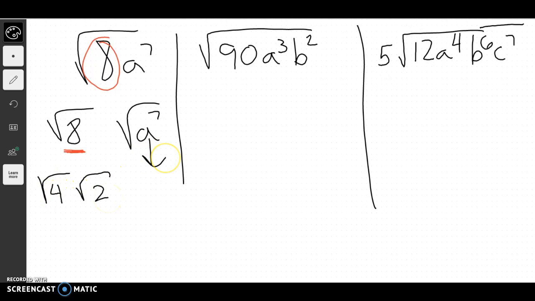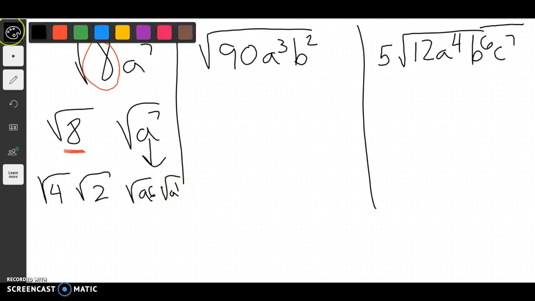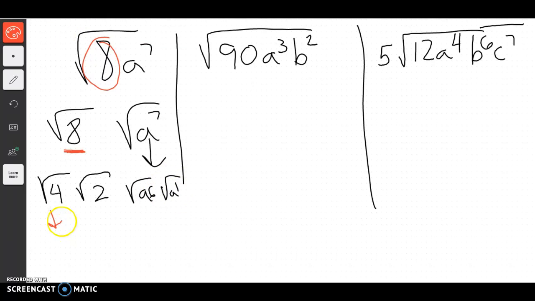And this one is broken up by a to the 6th and a to the 1st. Well, the square root of 4 is 2, and the square root of 2 is just the square root of 2. The square root of a to the 6th is a to the 3rd, and the square root of a is just a. Now I can recombine.